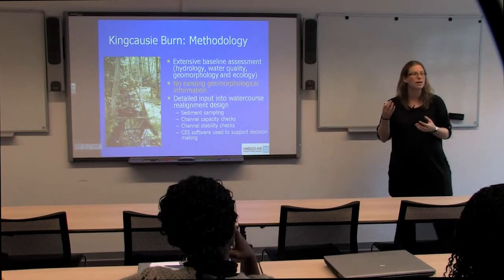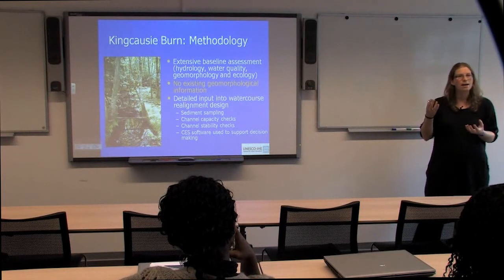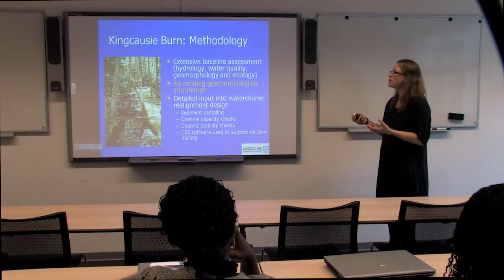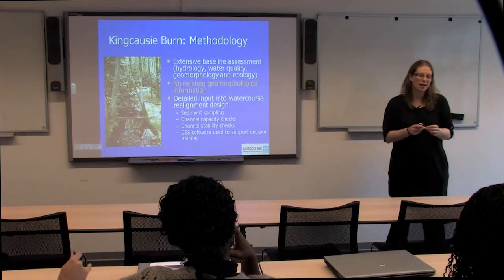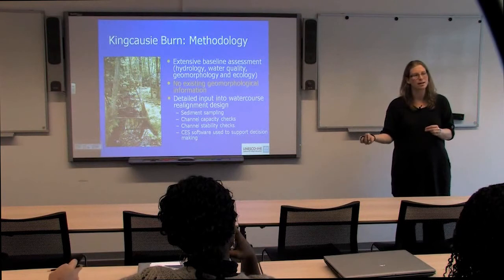We wanted to make sure that when we realigned this river, it was done in a very sensitive way. So instead of linking it directly to fish habitat, we had to link our hydraulics to understanding of sediment.